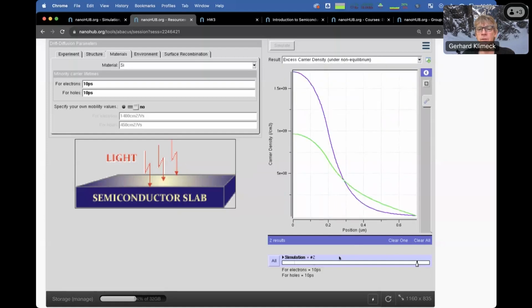So you see this curve is getting larger, number one, and more carriers make it over to the right side. If we go further and make this 100, you can see where this trend is going.